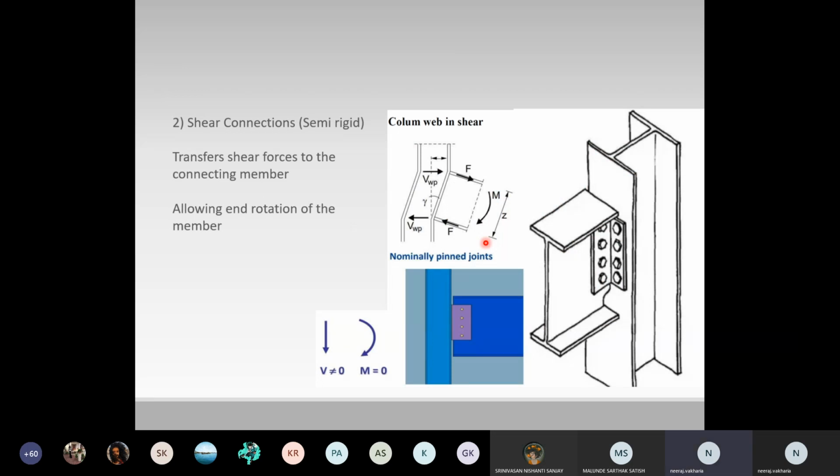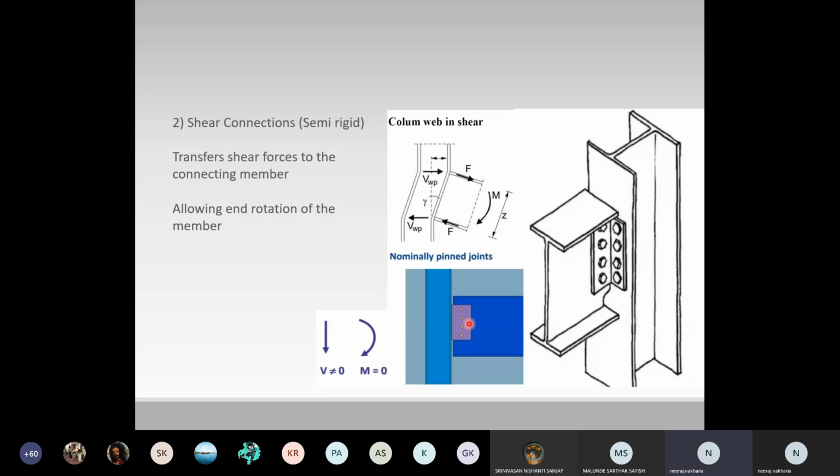Then there are shear connections or semi-rigid connections. Shear connections primarily carry shear loading, although they typically also carry axial loads, but the primary function is to resist the shear force which is passing through it. They are the most common type of structural steel connection and are referred to as simple or semi-rigid connections, which include plates or web angles, angles connected to the web to the column, as in this image, or seat angles.